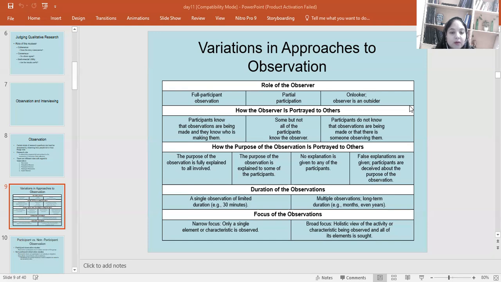In naturalistic observation, the participants don't know about the observation, and they don't know what is happening there. So there are three roles of the observer.